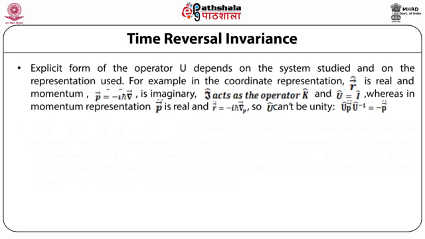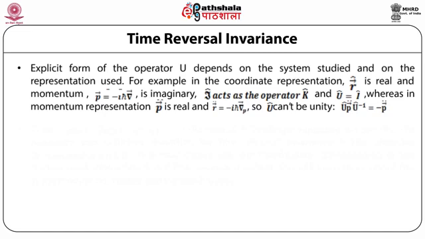So, for example, in the coordinate representation, where we have position vector r as real and the momentum vector p, given by minus iota times h cross times del operator, is an imaginary quantity, then the time reversal operator acts as the operator K, that is the complex conjugate operator, and the unitary operator U is equal to the unit operator.